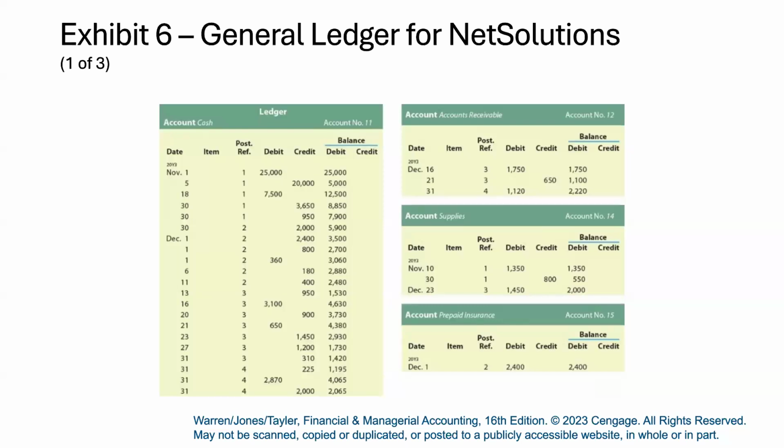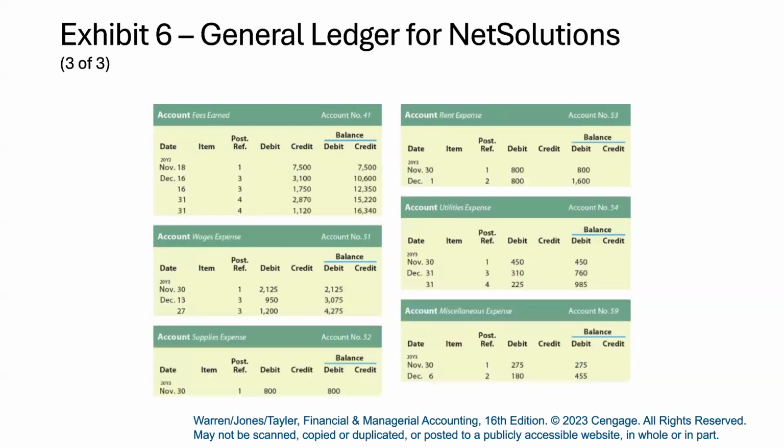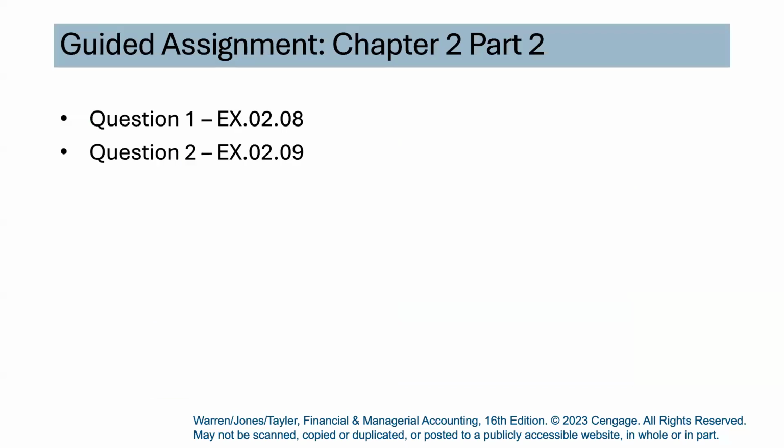And at the end of December, it has a debit balance of $2,065. That's just a record of where the cash account sits at that point in time. Accounts receivable has a balance of 2220, supplies has a balance of 2,000, etc. More of the accounts. So again, all this general ledger does is it gives us the balance of each of these accounts. We got a lot of accounts.